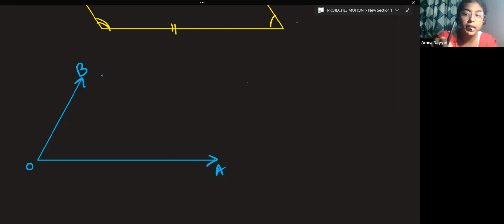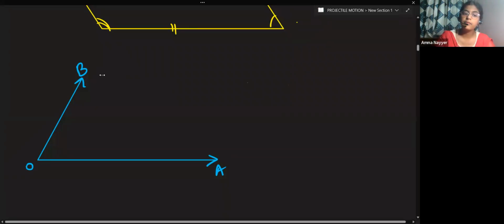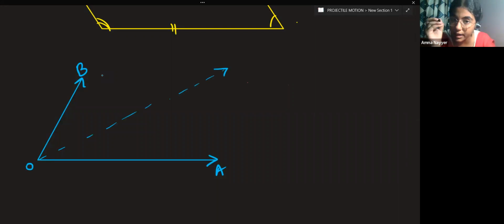So if two vectors represent the adjacent sides of a parallelogram, then what happens? Then their resultant is given by the diagonal. The magnitude as well as the direction of those two vectors are provided by the diagonal of the parallelogram.